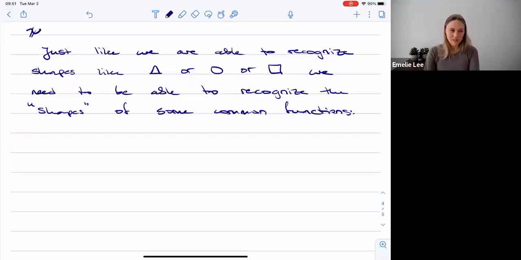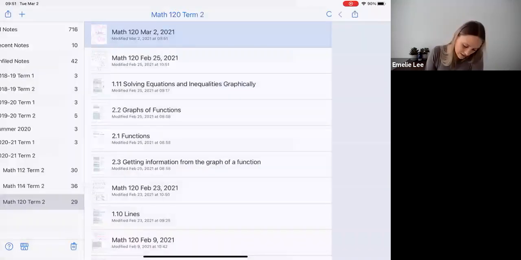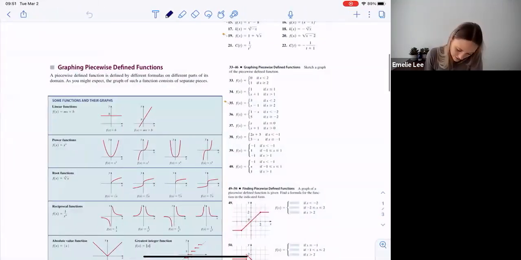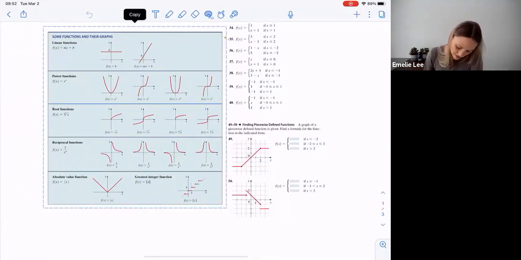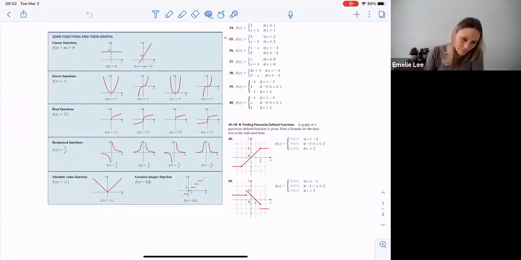And those common functions that I need you to remember are in the 2.2 notes, and 2.2 notes are here, okay? And so it's nice and summarized here, and this little summary page is going to be so useful, even when you go into calculus, right?